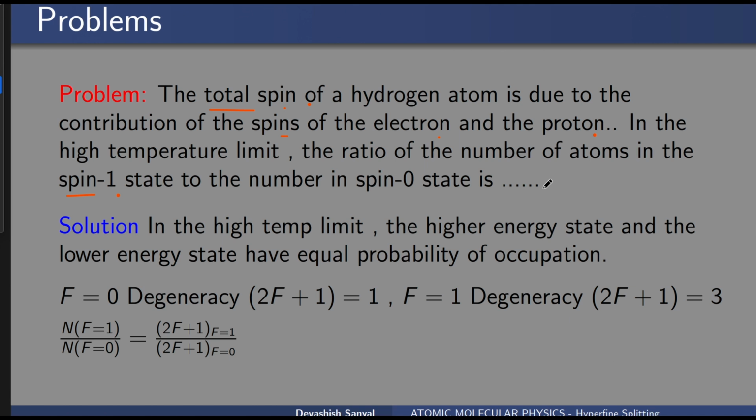So how many atoms will be in spin 1 state and how many atoms will be in spin 0 state? The ratio of those, we want the ratio of the number of atoms in the spin 1 state to the number of atoms in the spin 0 state.